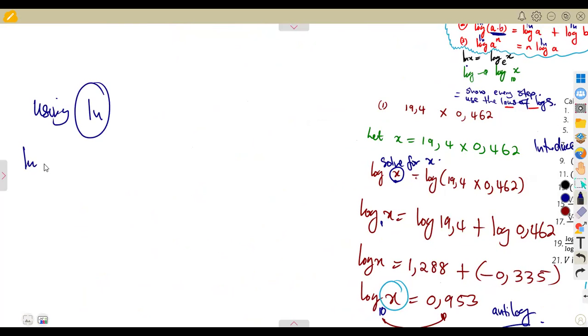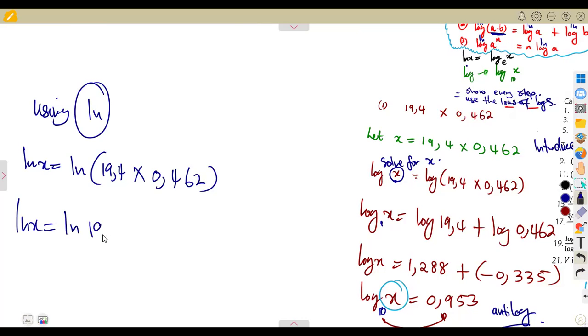So this was going to be the ln of x is equal to, at this stage, the ln of 19,4 times 0,462. So as you can see, it is still the same thing. A ln and a log, like I explained before, simply apply the same thing. So if you're adding the logarithms, it means you're also going to add the ln of 19,4 plus the ln of 0,462.